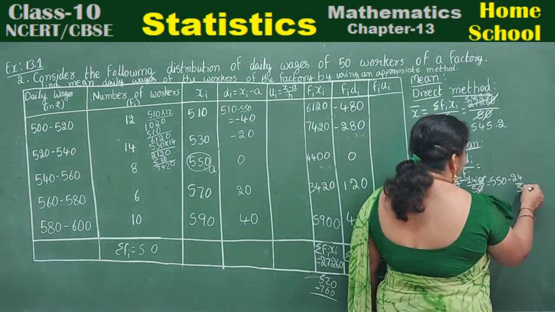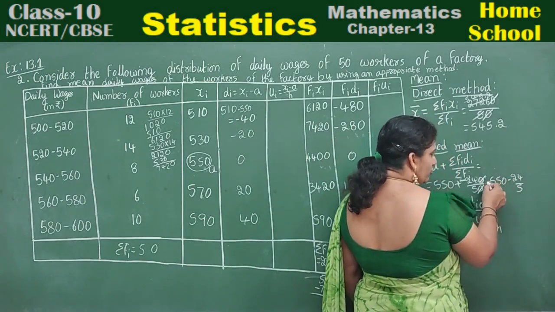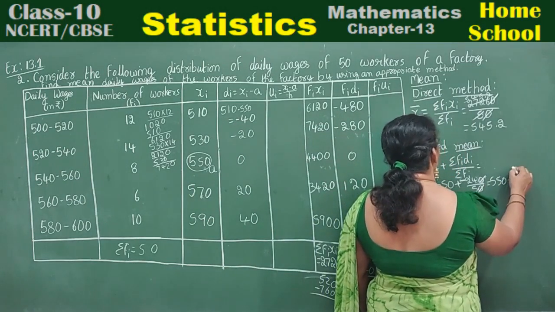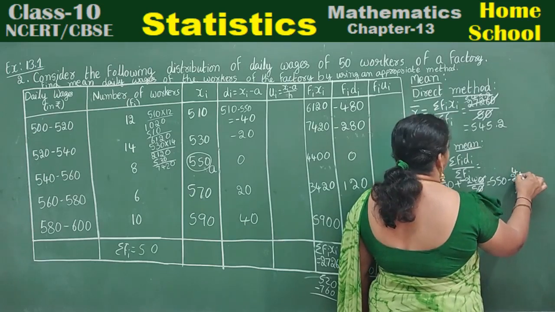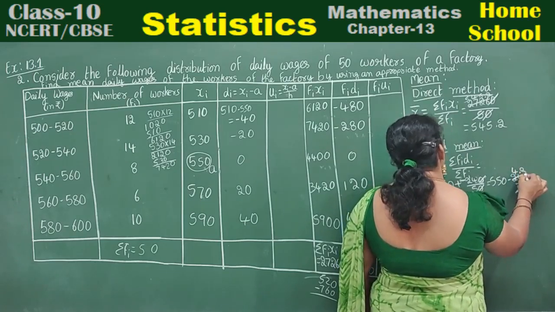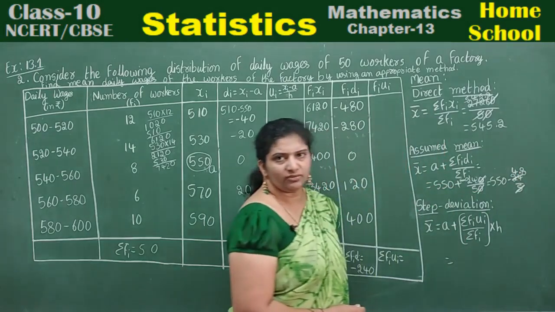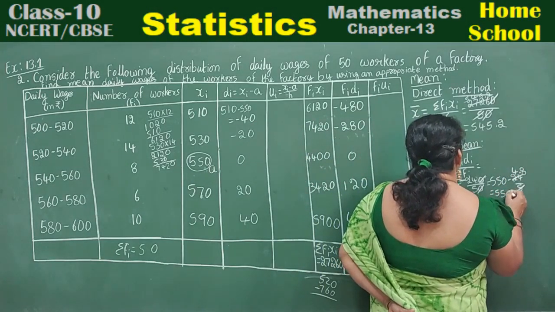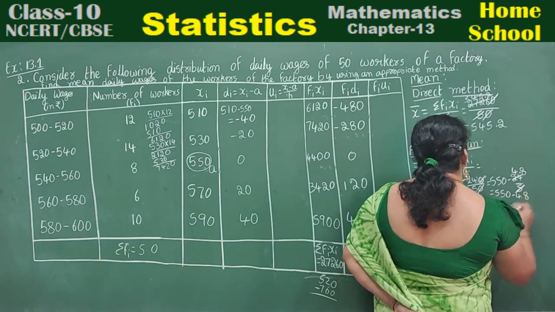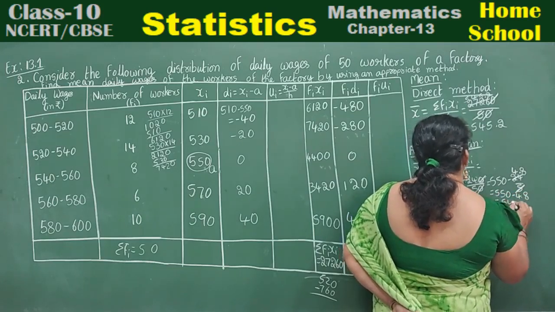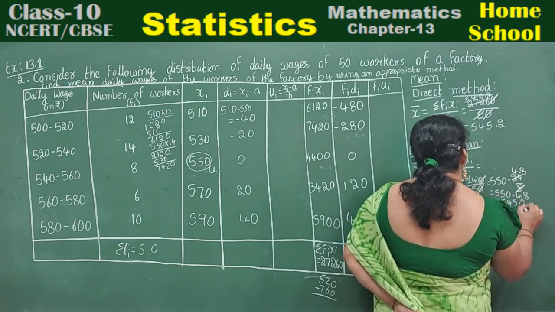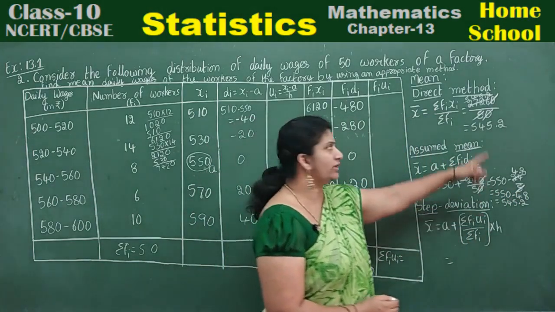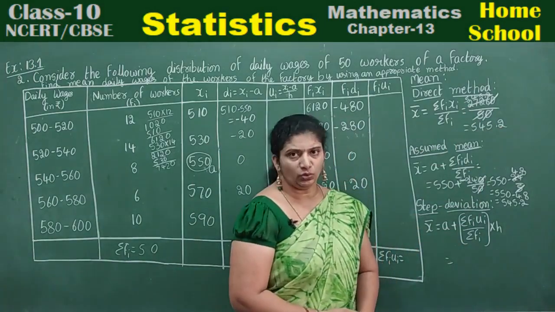If you want, you can cancel here or you can do LCM also. You can do as you wish. 5 table, where you get this? 5 4s are 20 and here 5 8s are 40. 4.8. 550 minus 4.8, it will be 545.2. Mean value is 545.2. There also you got 545.2.